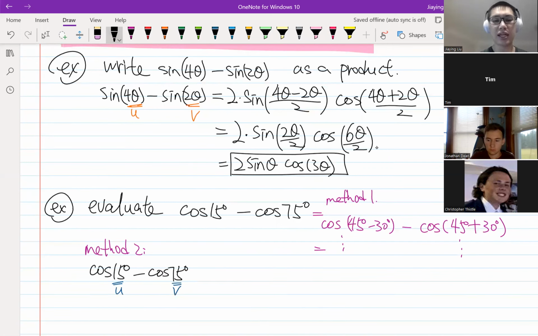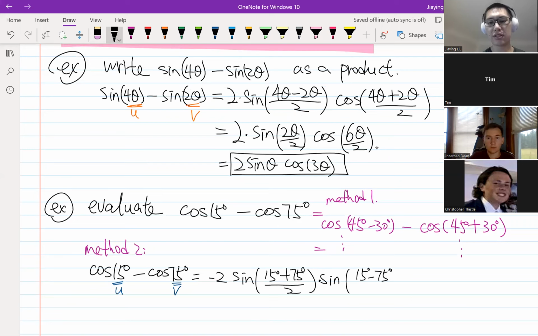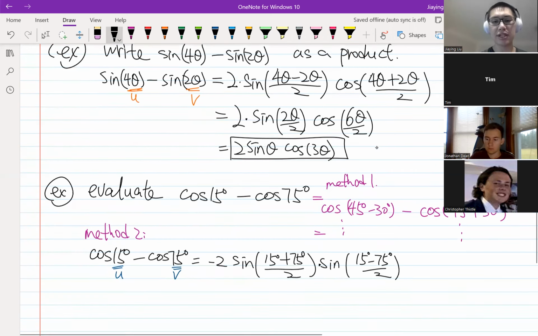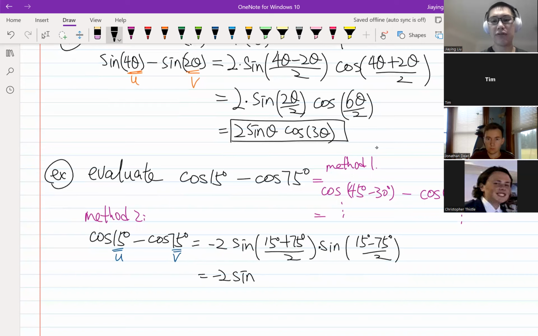And that's equal to -2 sine of (u plus v), so 15 degrees plus 75 degrees all over 2, times sine of (u minus v), so 15 degrees minus 75 degrees all over 2. And then that becomes -2 sine of 15 plus 75, that's 90 over 2, that's 45 degrees, times sine of 15 minus 75, that's -60 over 2, so -30 degrees.